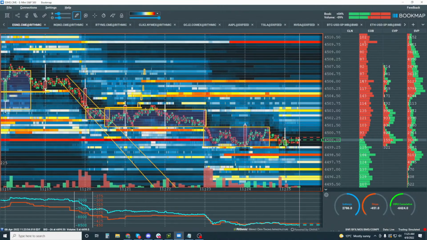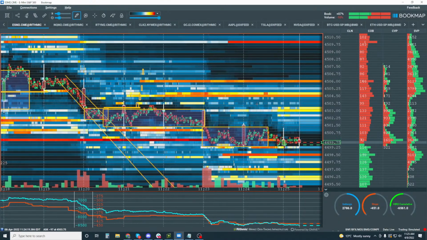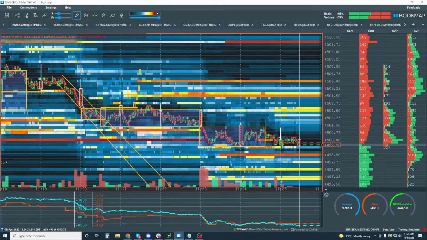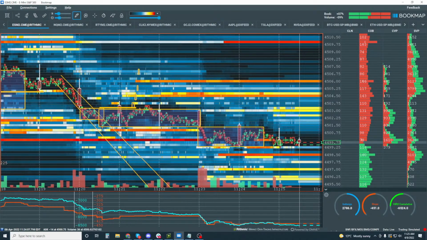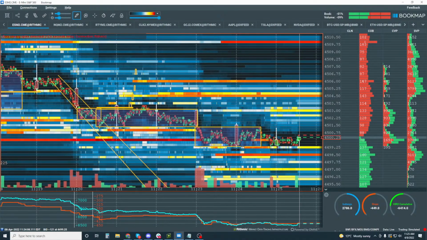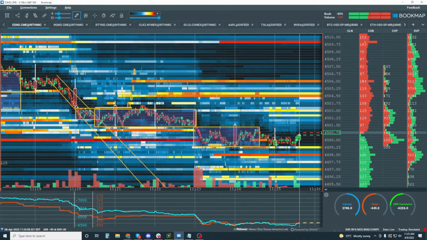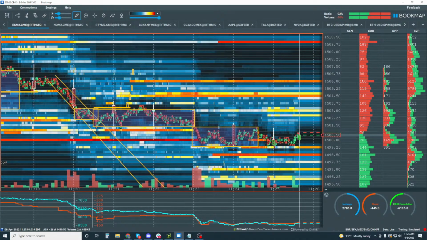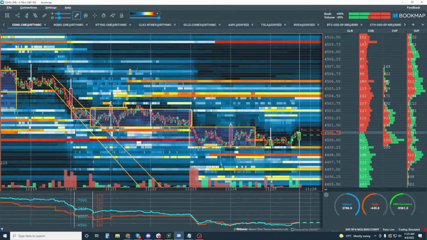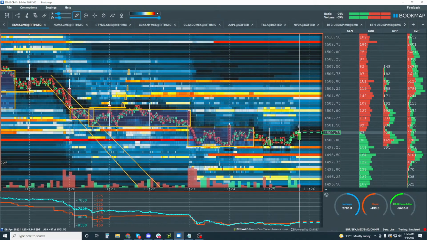Okay, retesting the bottom of the range here. So our candles show a strong move, rejection, and back down and close at the bottom of the range. Now look at the order flow here.